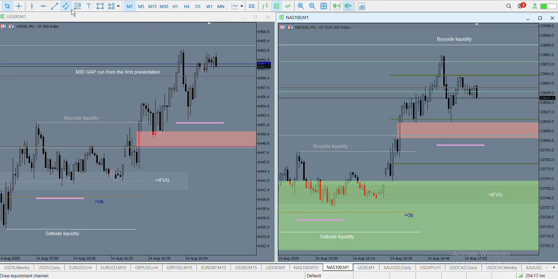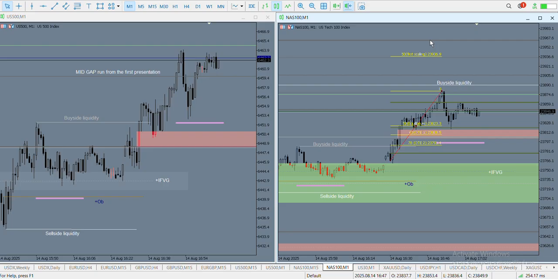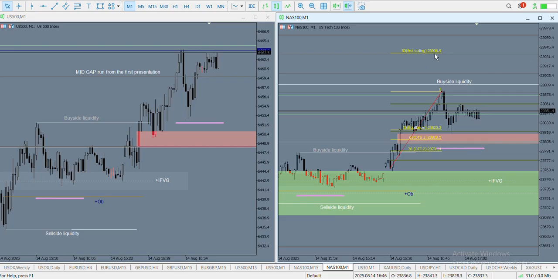If you take this opening range like this and then project it to the upside, you can see 23,936.9 is on the upper quadrant of yesterday's opening range gap in NAS 100. So we can expect price to trade into these levels here.